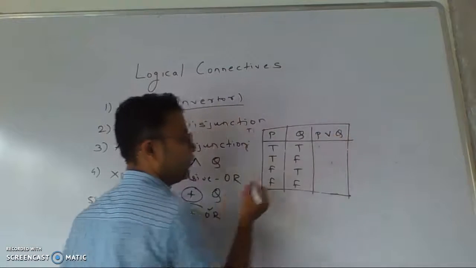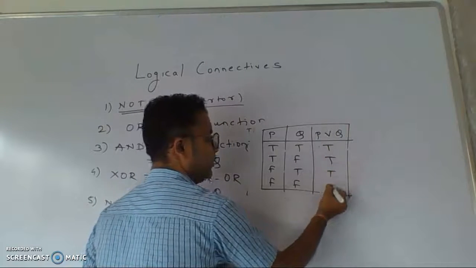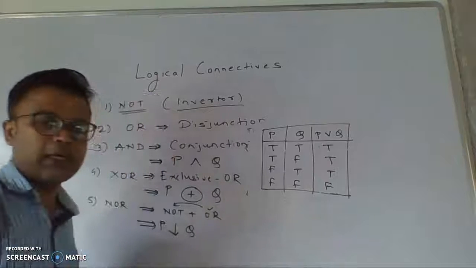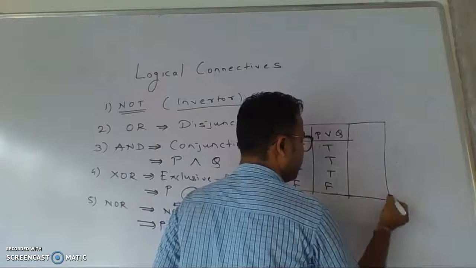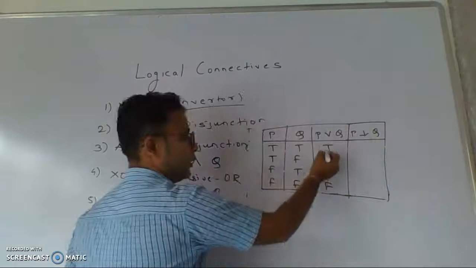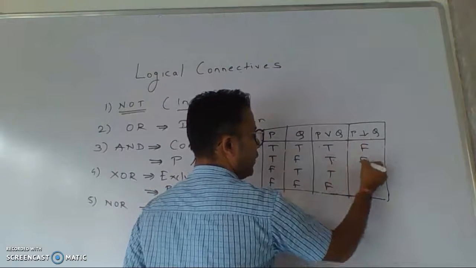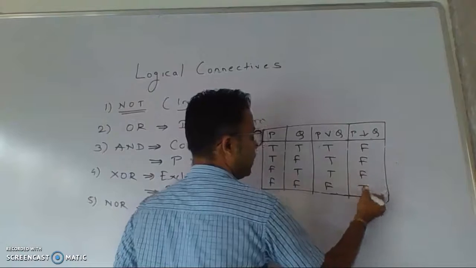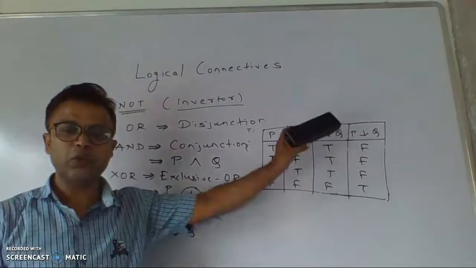So what will be P or Q? It is T, T, T, F. And the negation of this is P NOR Q, which will be F, F, F, T. This is how we can obtain the truth table of NOR.